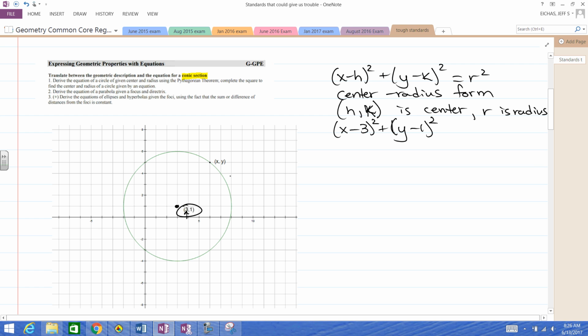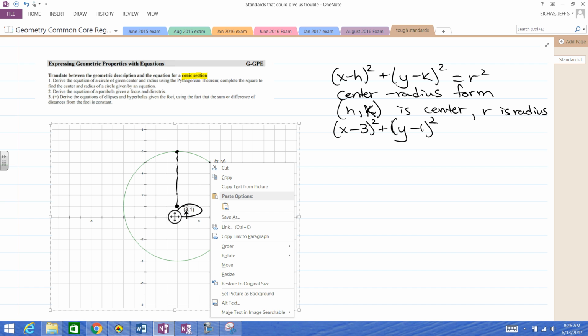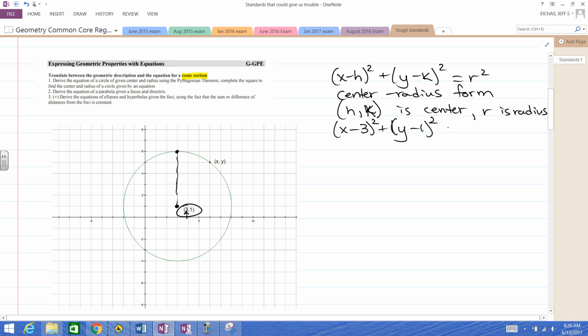The radius, if it hits perfectly, you can simply count it. If it didn't, you'd have to figure out a point and then use the Pythagorean theorem or distance formula. This does happen to be a nice 5, so don't forget to square it.